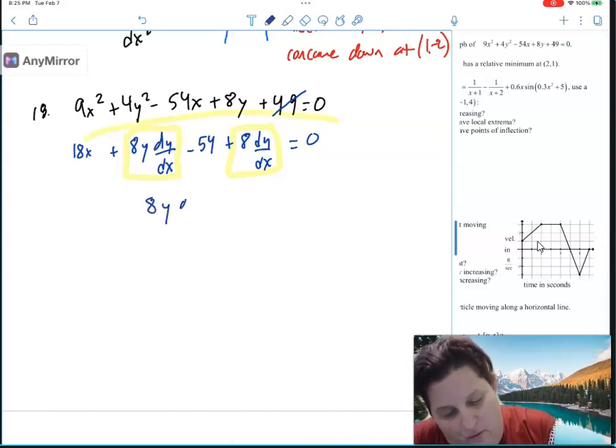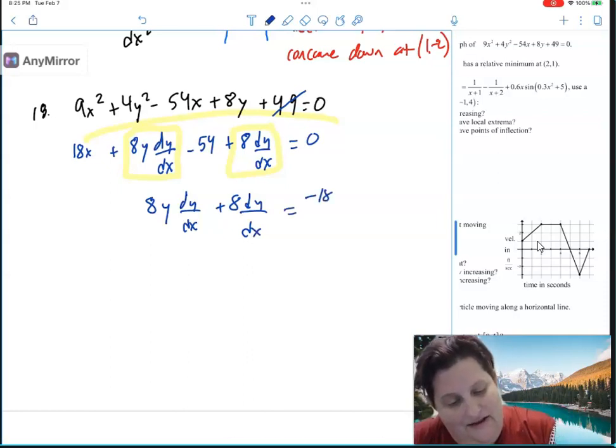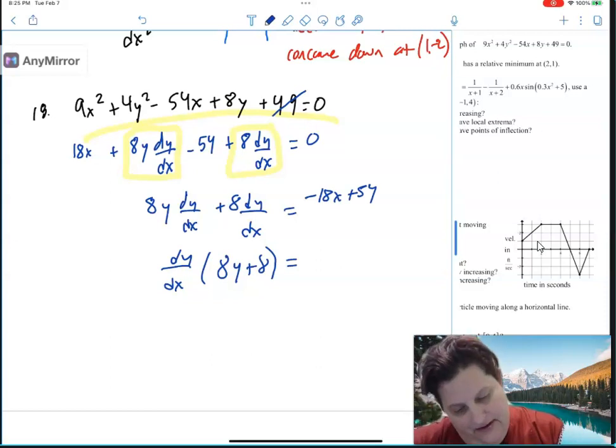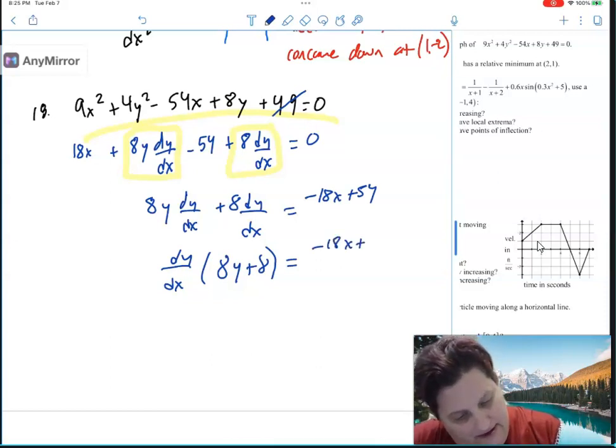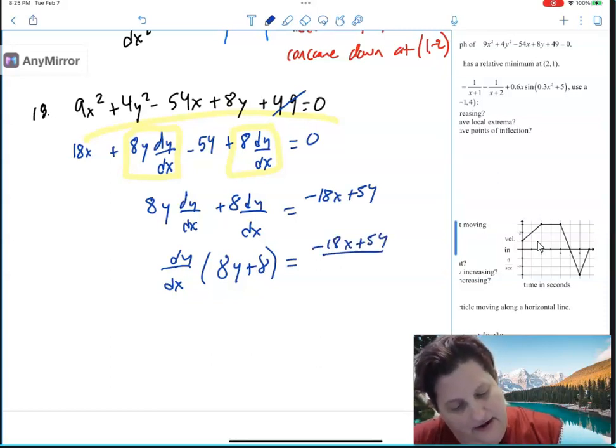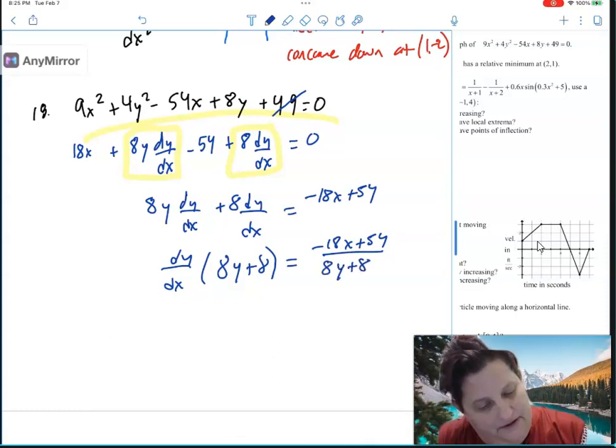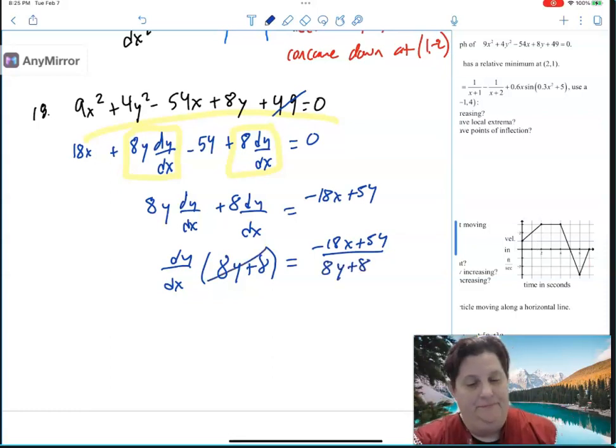So I have 8y dy dx plus 8 dy dx is negative 18x plus 54. And then if I factor out a dy dx, I get dy dx equals negative 18x plus 54, divided by 8y plus 8. So that's my derivative.